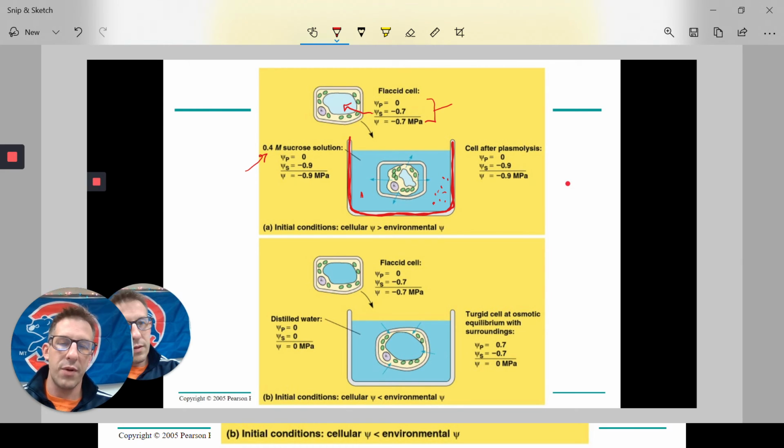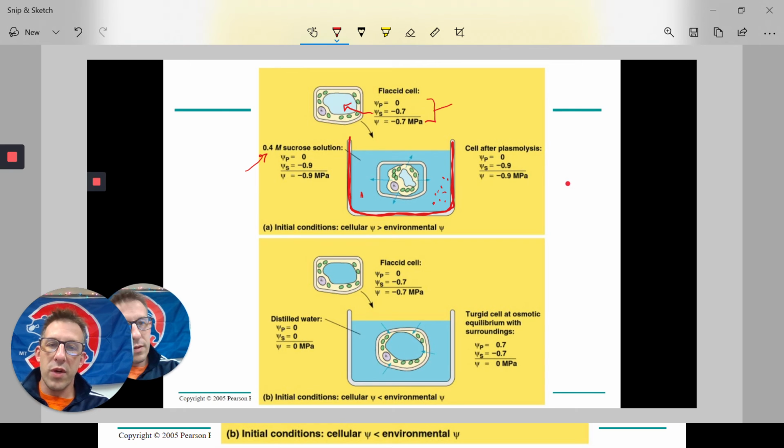If this was class, I would ask you, hey, what is dissolved in here? And you would tell me all sorts of stuff, including sucrose and starch and so on. So the solute potential in this case is actually a function of all the stuff that is dissolved in this particular cell, okay? And it comes out to a value of negative 0.7.